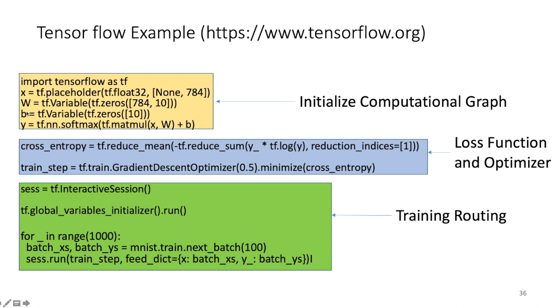And then you define 2 more variables for your weights and biases, and then y would come from this class you instantiate, tf.nn.softmax, which does the matrix multiplication with x and W, and you add the biases at the end. So you see, with just 5 lines of code, you could start initializing a computational graph. And the blue box represents the way you define your loss function, and you're going to learn about them here.